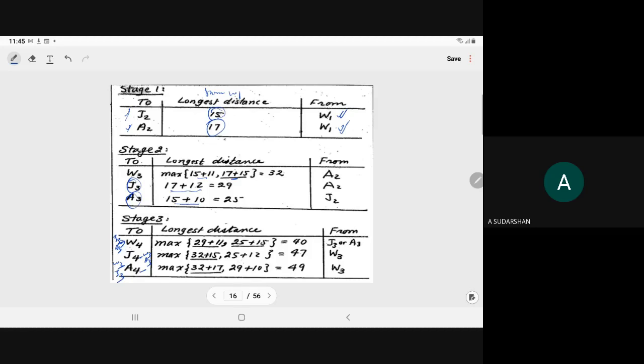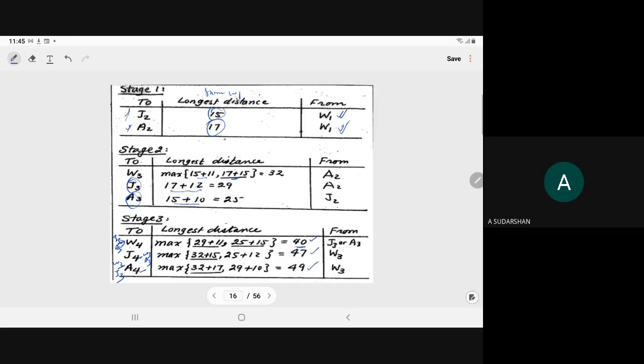So maximum of 29 plus 11, 25 plus 15. The maximum will come from 29 plus 11, that is 40. Then maximum of 32 plus 15, 25 plus 12, that is 47. Then maximum of 32 plus 17 and 29 plus 10, that is 49. All the maximums we have underlined here. So the maximum values are 40, 47 and 49.